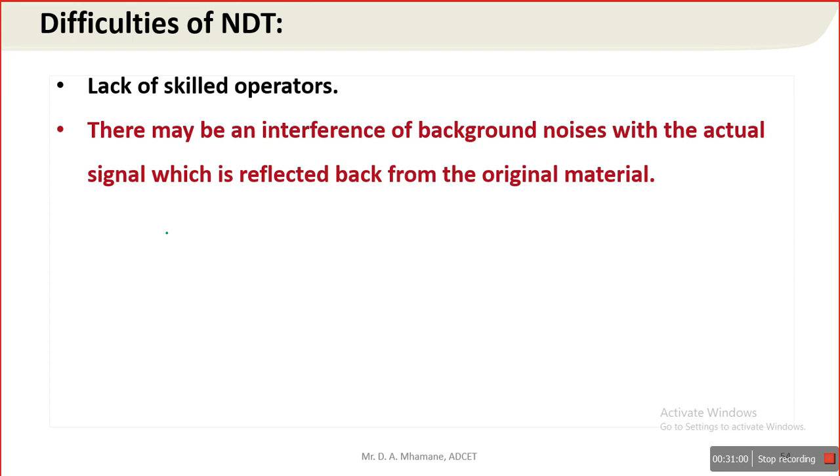Suppose in industry multiple operations are going on the floor, and these operations make noise, so due to this noise we get a wrong or false response from the component. It happens. So background noise should not be there while inspecting a component with the ultrasonic technique.